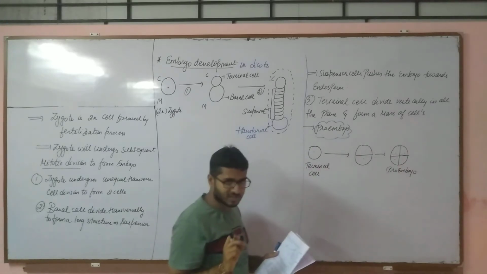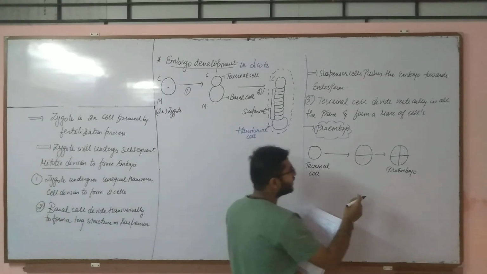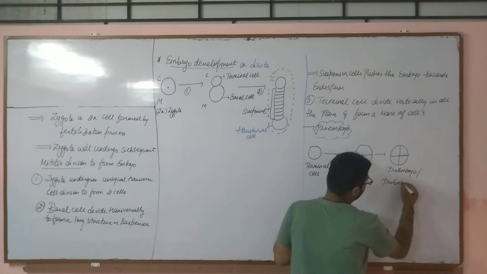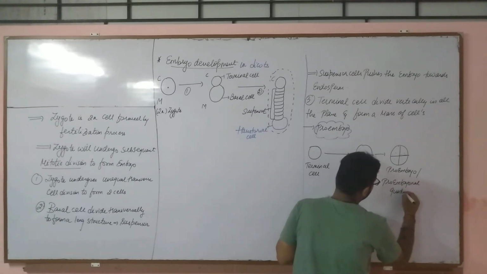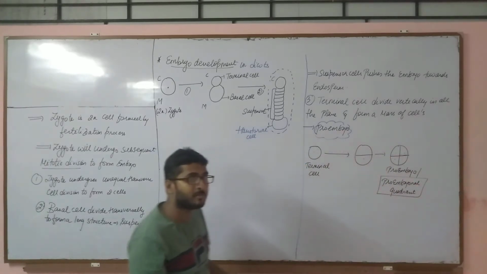So one name is given to this stage. It is called the pro-embryo or pro-embryonal quadrant. Why pro-embryonal quadrant? Quadrant means 4 cells are present.